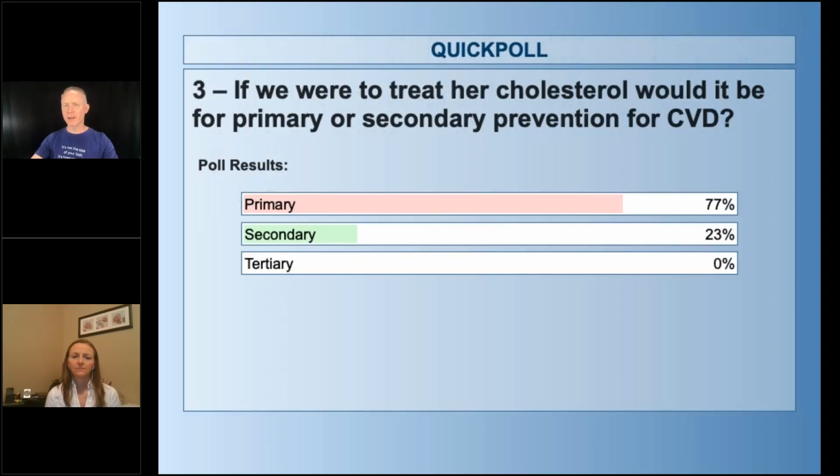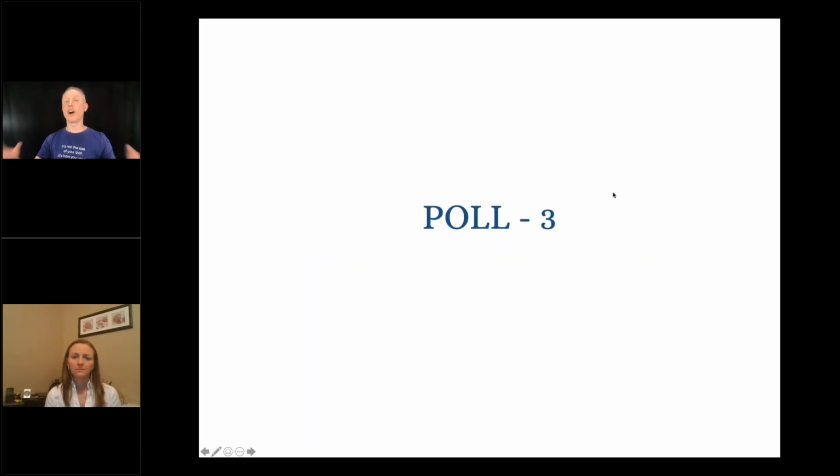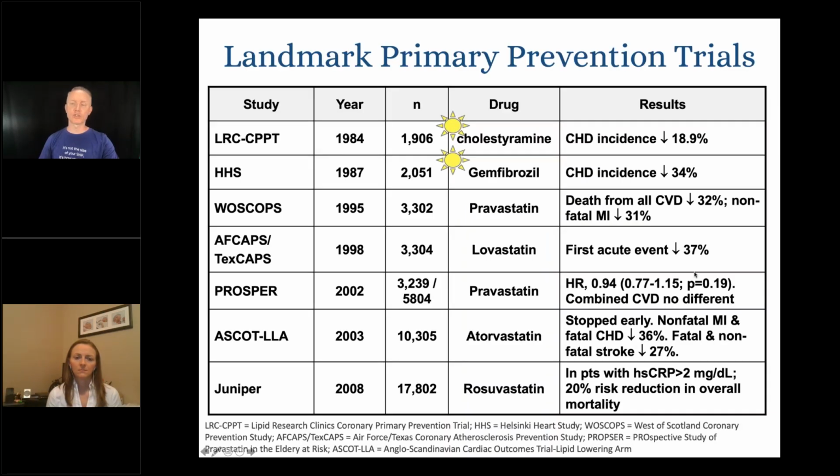It becomes secondary prevention when an event, and that event can be not only a heart attack, but a stroke. It could be a stent placement, angioplasty. They had stents placed in their iliac arteries because they have peripheral vascular disease. All of those things constitute basically an event where you need to be treating them more aggressively as a secondary prevention.